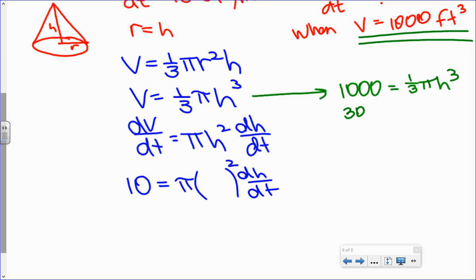So we could multiply by 3, divide by pi, and then cube root it to solve for h. That is a terribly ugly number, I get it. Some of you are going to put it in your calculator. That's fine. Some of you are going to substitute it like this.